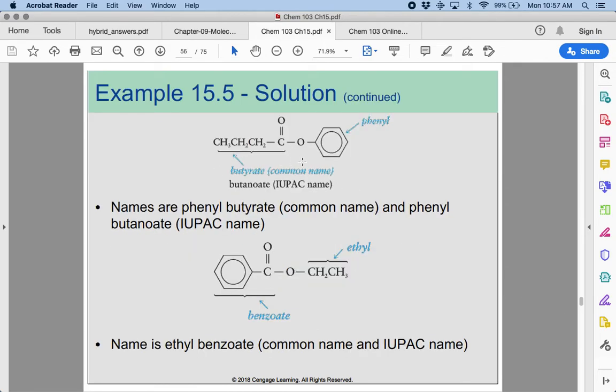In our second compound, we had phenol, our phenyl alcohol, and butanoic acid, so we have phenyl butanoate. And in our last one, we had ethyl alcohol and benzoic acid, so we have ethyl benzoate.